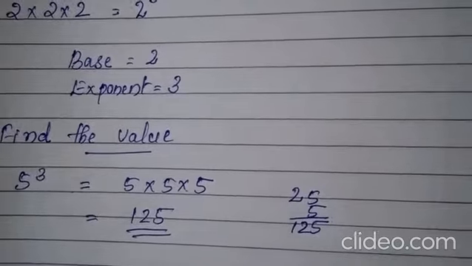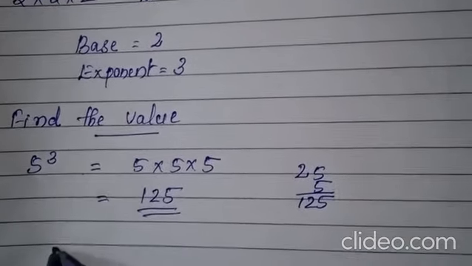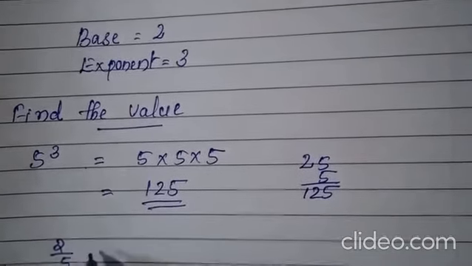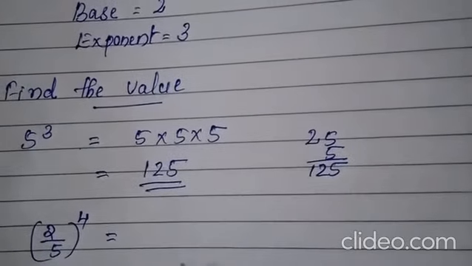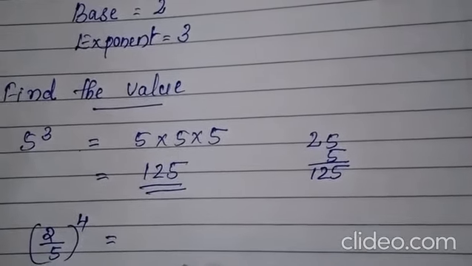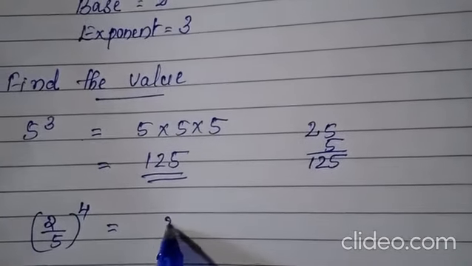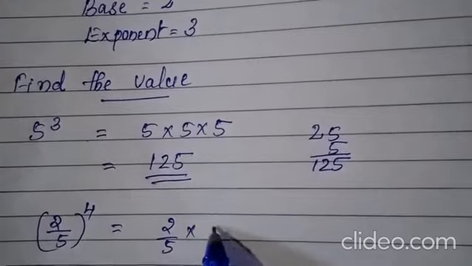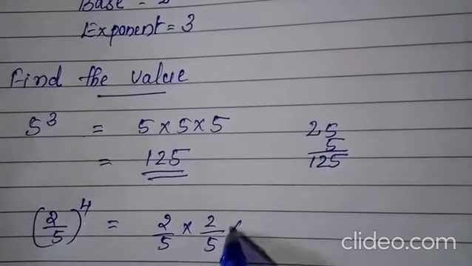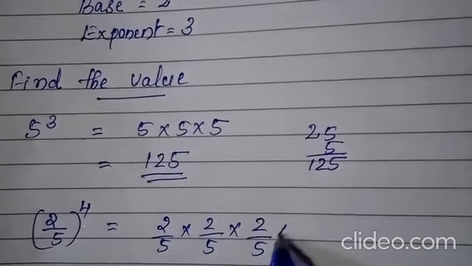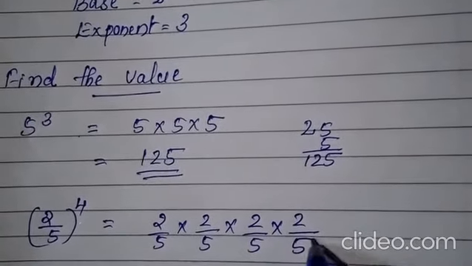And the other question is: find the value of 2 by 5 raised to power 4. This means 2 by 5 into 2 by 5 into 2 by 5 into 2 by 5. Understood?